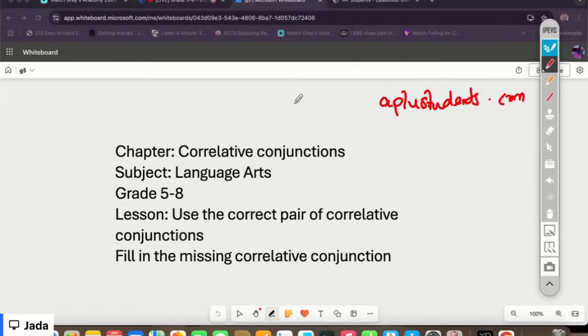This lesson is for grades 5, 6, 7, and 8, so you can join if you're in any of these grades. The chapter is correlative conjunction, and we will get that chapter under grade 5. So you log in, click on your name, move on to grade 5, and you would see the chapter correlative conjunction. The lesson would be: use the correct pair of correlative conjunctions, fill in the missing correlative conjunction.